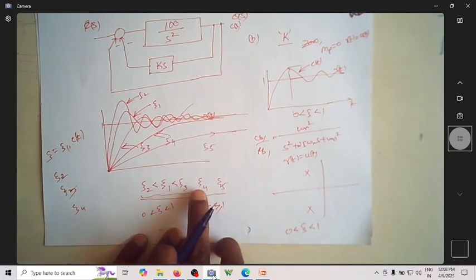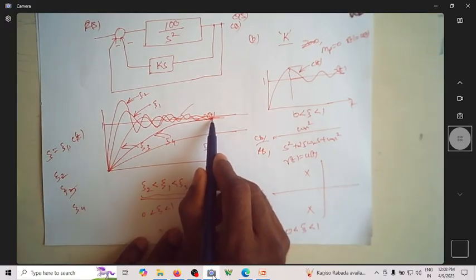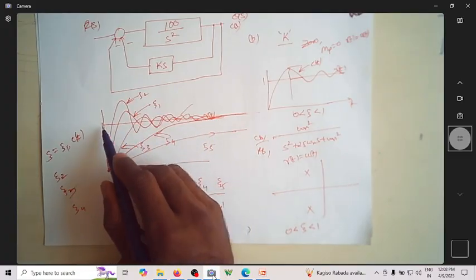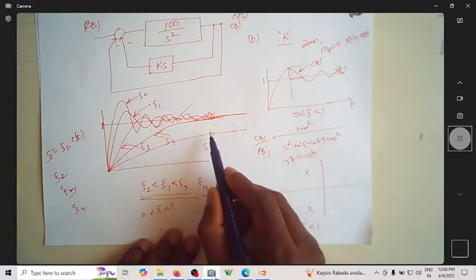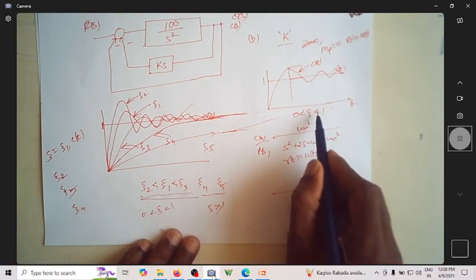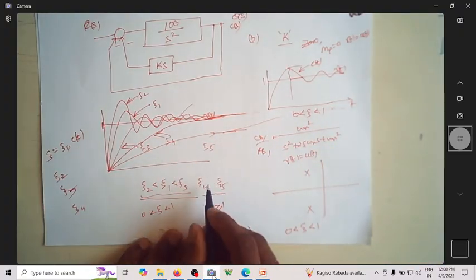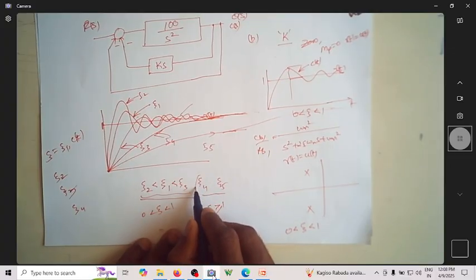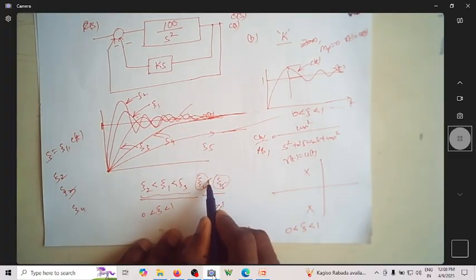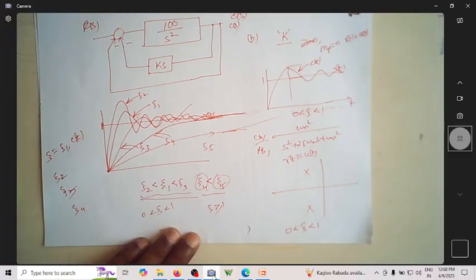Among zeta 4 and zeta 5, zeta 4 is not having an overshoot, but it is reaching the value of 1 a bit sooner compared to zeta 5, because zeta 5 may take a much longer time to reach that 1. Of course, if you want to compare, zeta 4 is certainly less than zeta 5, but they are greater than or equal to 1.